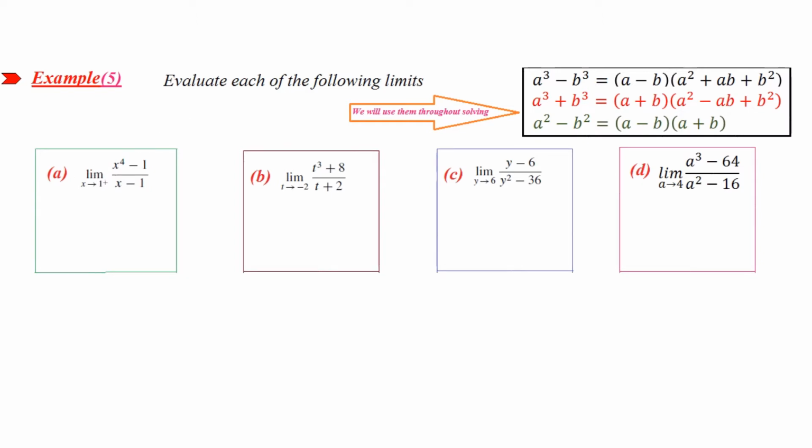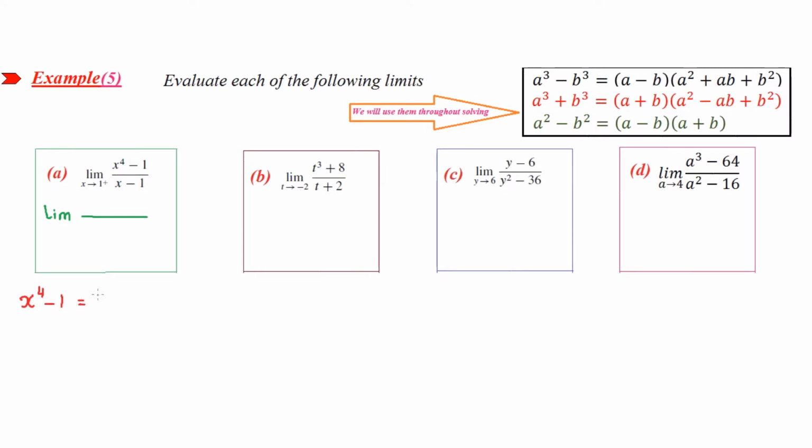To solve part A, you have to write limit. You can replace x power 4 minus 1 by x to the power 4 minus 1.